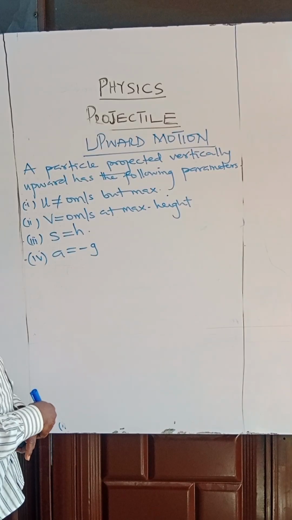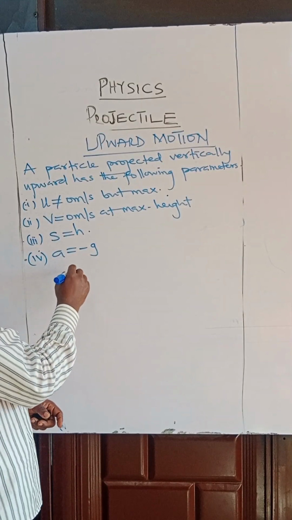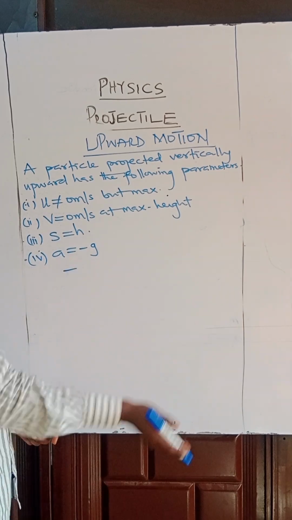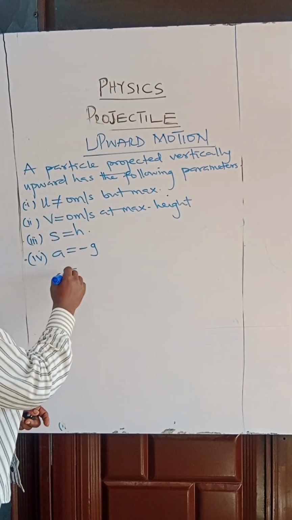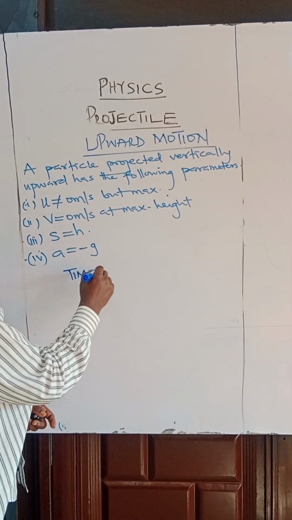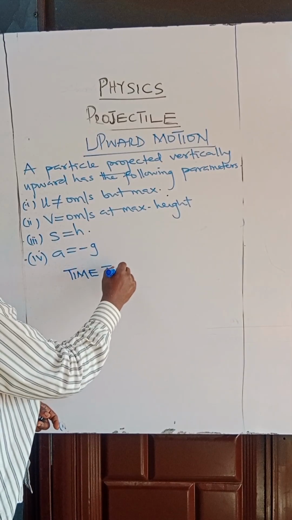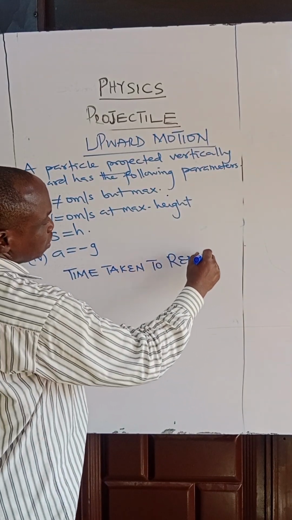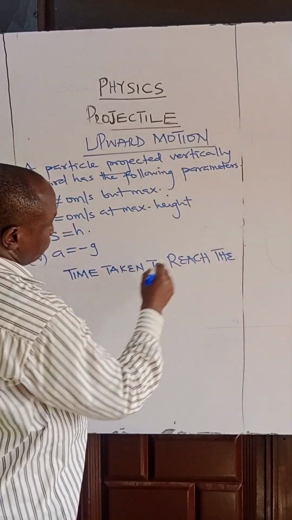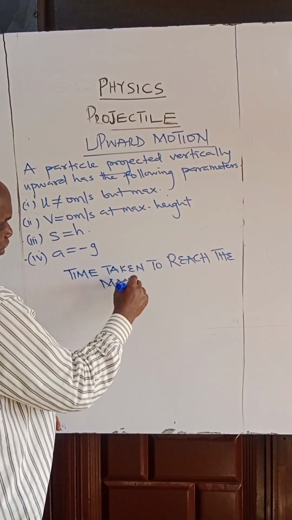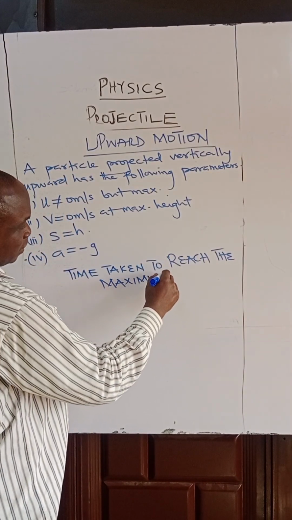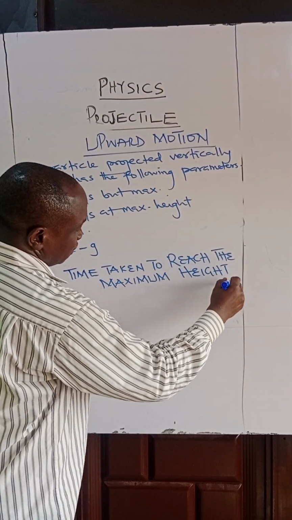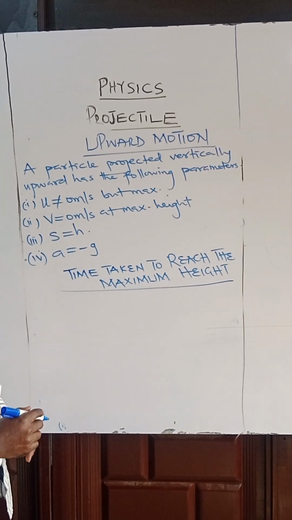Under upward motion, you are to find the time taken to reach the maximum height, small t.